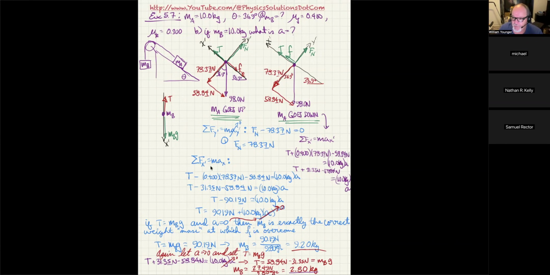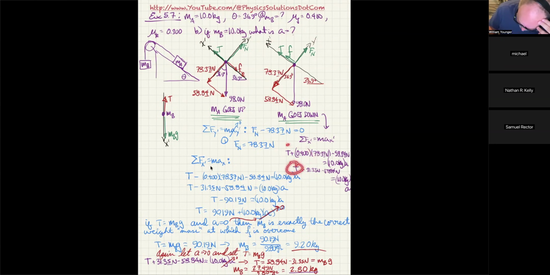Otherwise, I'd have to make another equation to relate the acceleration of the hanging mass to the acceleration of the mass on the incline, and it'd be something stupid like the acceleration of the hanging mass is equal to the negative of the acceleration of the other mass, something goofy like that, and just not worthwhile. So by doing that, that ended up giving us the T minus for these two. So these two diagrams gave us T minus here, and also T minus here.